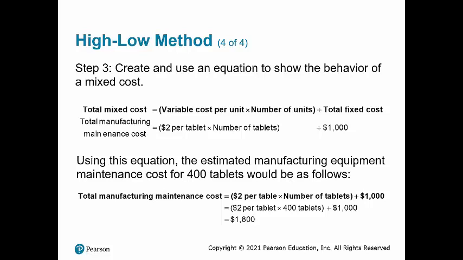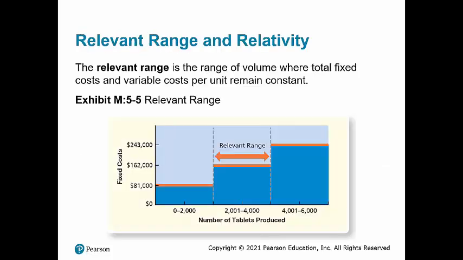We take that $2 per tablet, multiply it by 400, and that gives us total variable cost of $800. When we add that to the fixed cost of $1,000, we know that total manufacturing maintenance cost for 400 tablets would be $1,800.